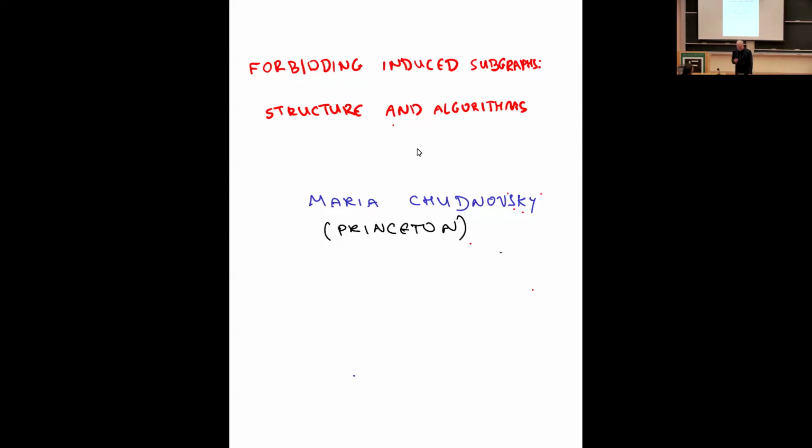You couldn't escape, right? It's a kind of attractor there. She's won quite a number of awards, gave a 2014 ICM talk, and received a MacArthur Fellowship, which is a genius award. Today, she's going to talk on forbidden induced subgraphs, structure, and algorithms.